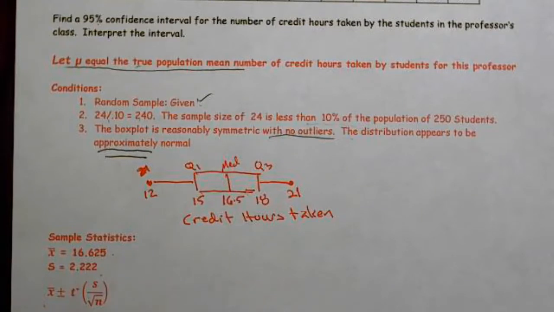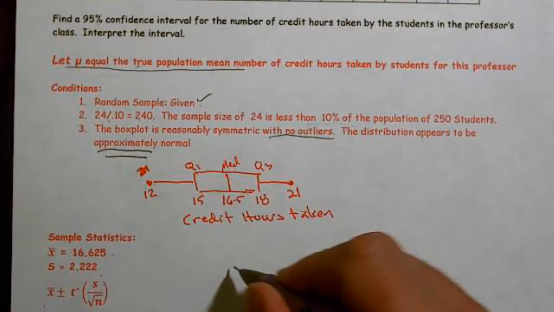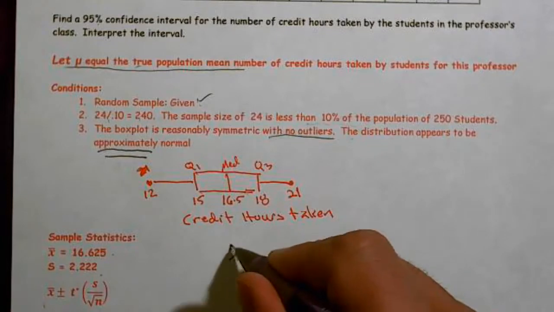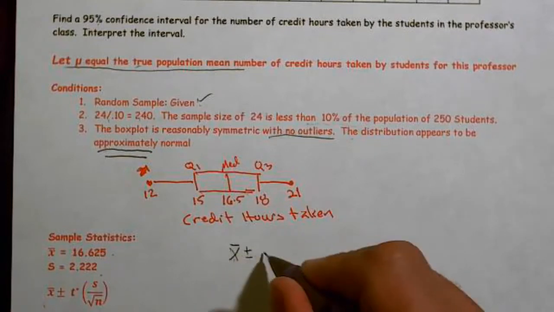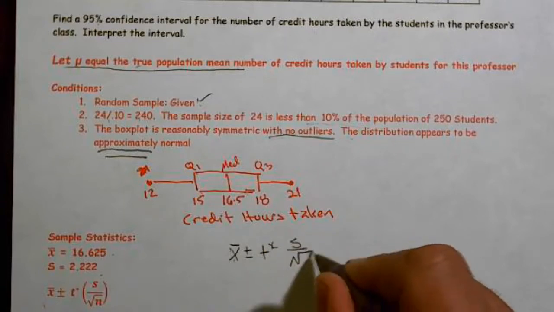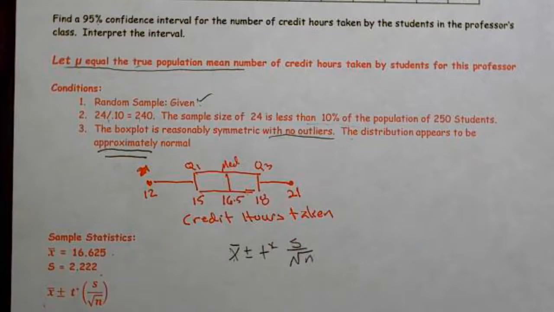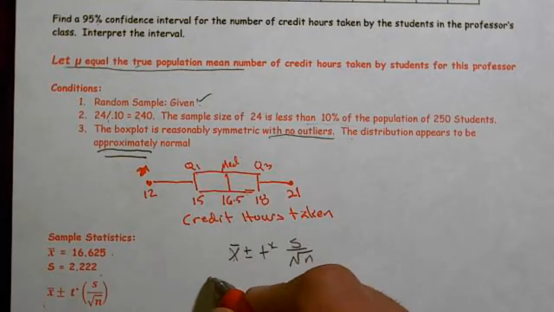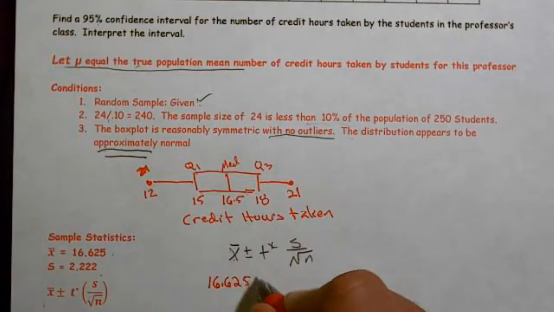Then I'm going to go ahead and write my formula out for my confidence interval. My formula is basically x bar plus or minus t star times s divided by the square root of n, and I start plugging in what I know. Well, I know x bar was 16.625, so 16.625 plus or minus.